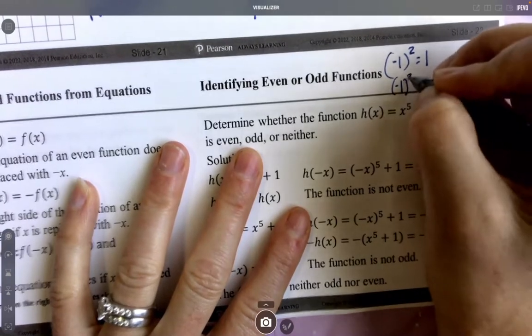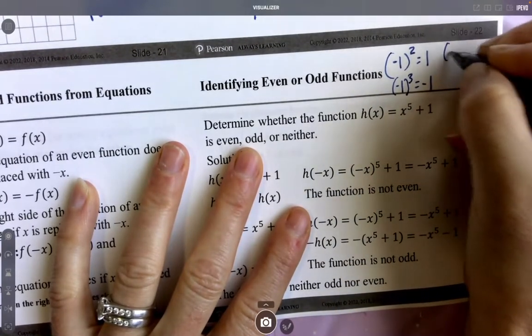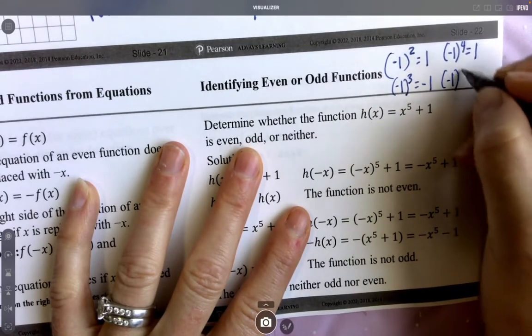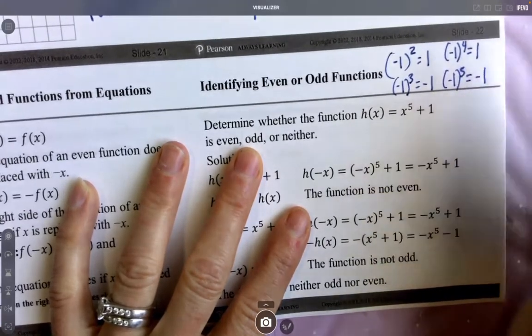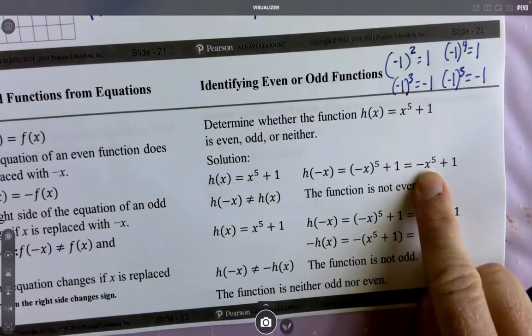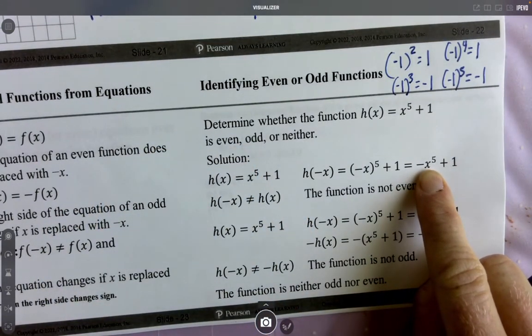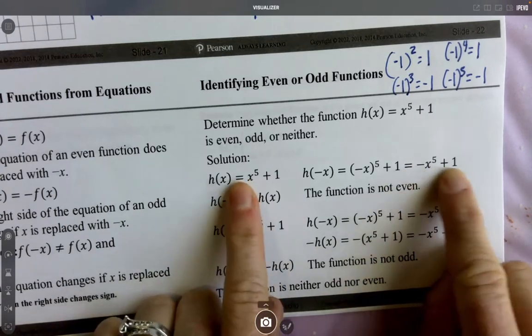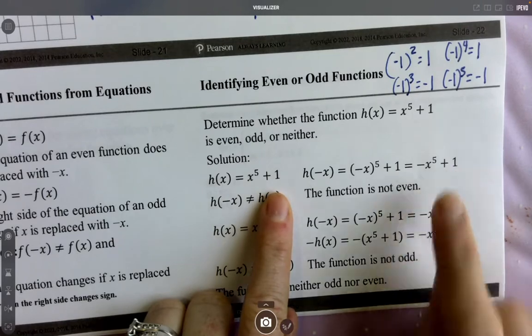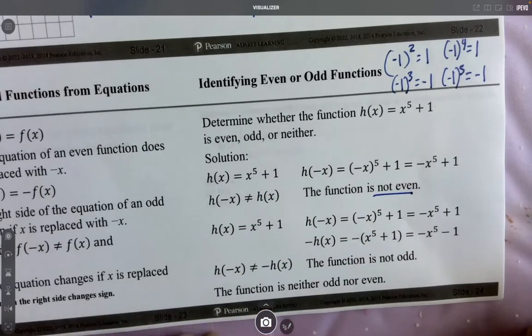Negative 1 cubed is negative 1. Negative 1 to the fourth is positive 1. Negative 1 to the fifth is negative 1. So that's why this comes out to be a negative x to the fifth. So we look and compare them. The only sign that changed was the x to the fifth, not this one. So it is not even.